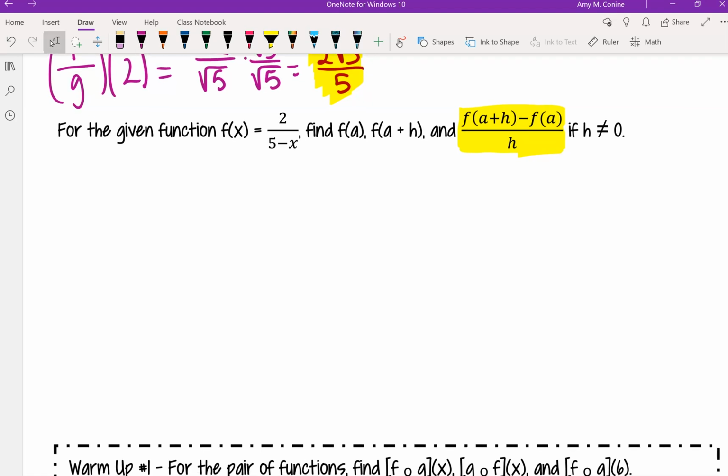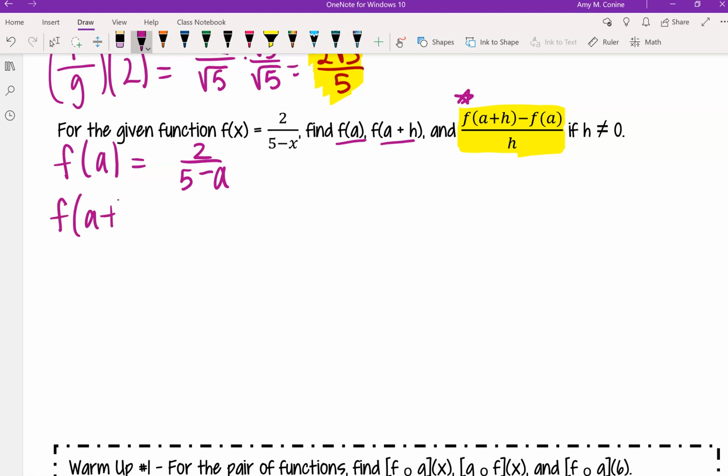So we have this function f of x, so 2 over 5 minus x. We're going to find f of a plus h, and then we're going to find this big one right here. Okay, so f of a, you're just substituting a for x, so that's done.